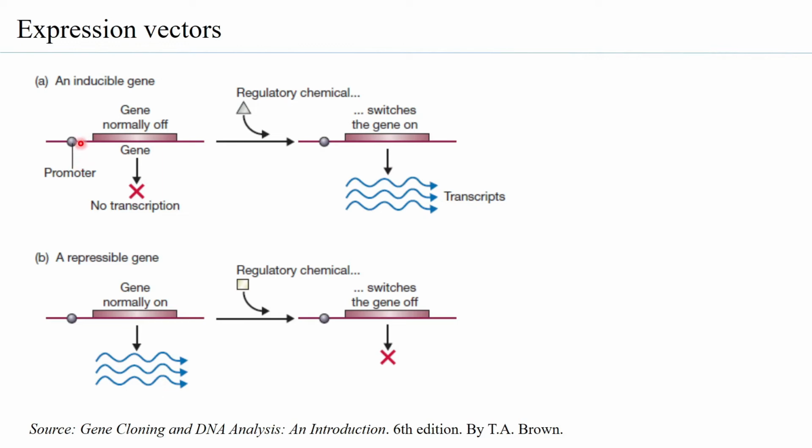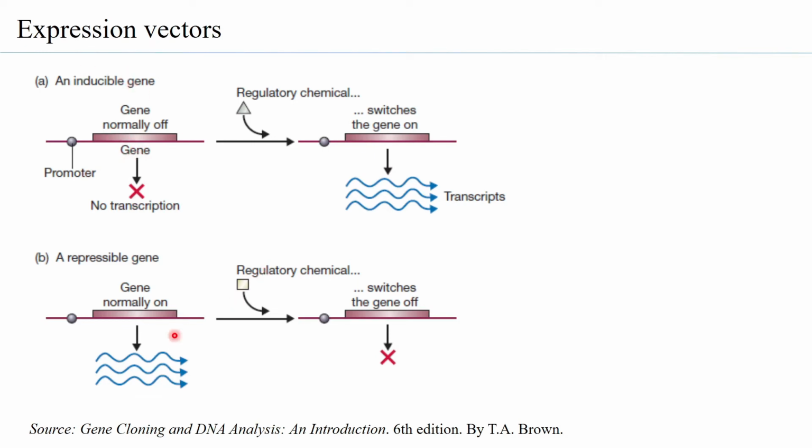That means if there is an inducible gene, then the gene is normally switched off, but in the presence of a regulatory chemical, RNA pol will effectively come and bind to the promoter and transcribe the gene. So what we understand is that this regulatory chemical is switching on the transcription of this gene. Therefore it is called an inducible gene.